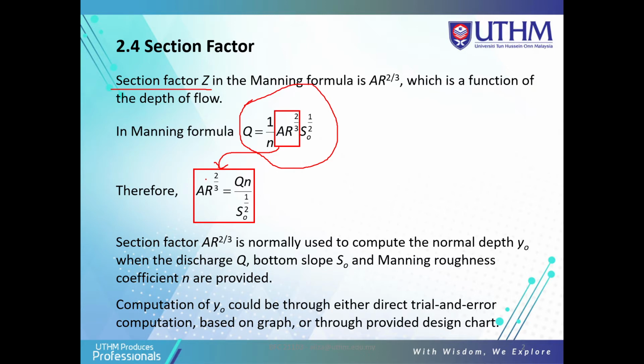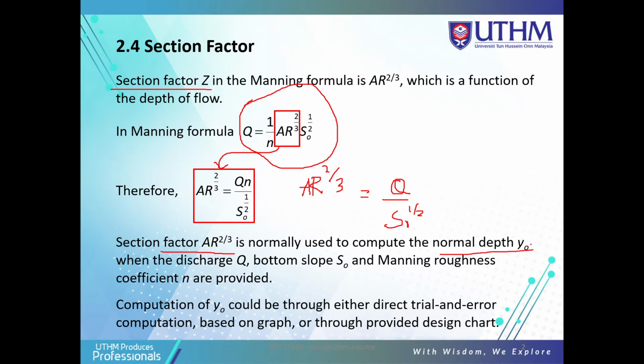So A R power of 2 over 3 equals Q n over S naught power of 1 over 2. This is called the section factor. The section factor A R power of 2 over 3 is normally used to compute the normal depth.